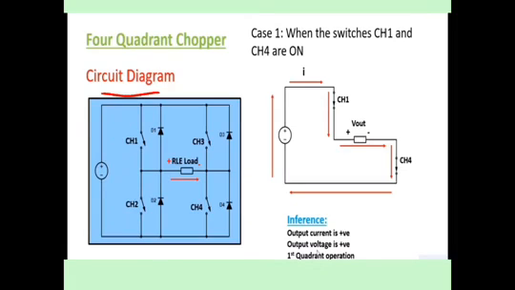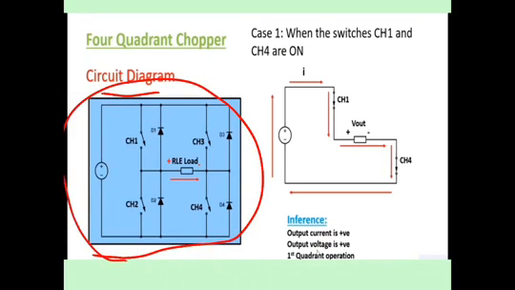If it is in the first quadrant, it is called a class A chopper. If it is in the second quadrant, it is called a class B chopper. If it is in the third quadrant, it is class C, and if it is the fourth quadrant, it is class D. If it can operate in all 4 quadrants, it is a class E chopper.